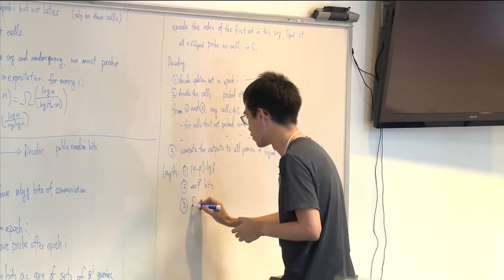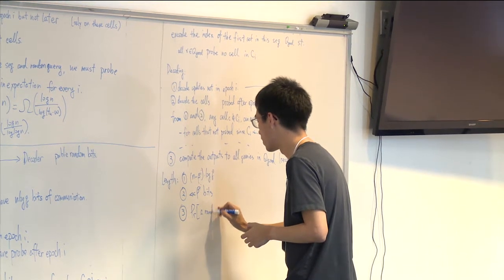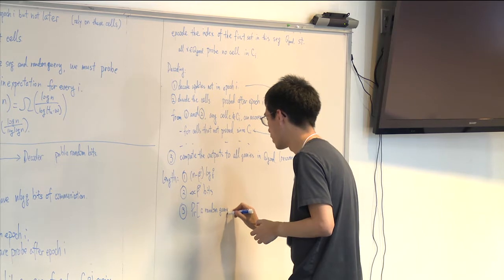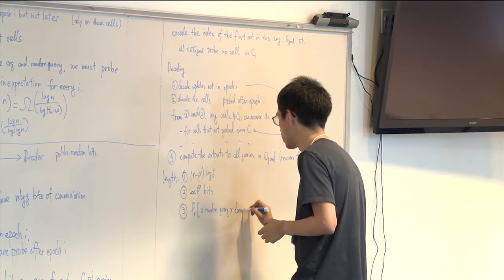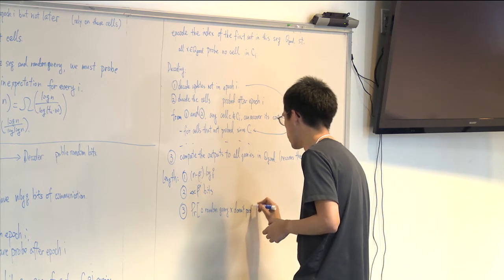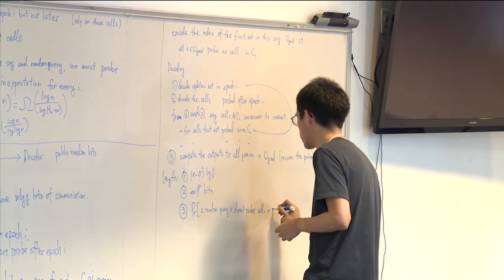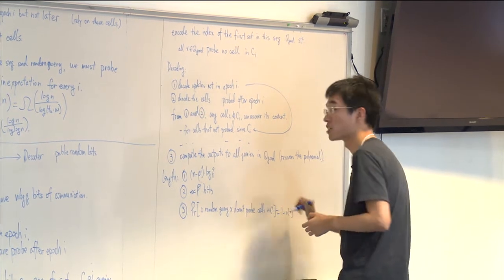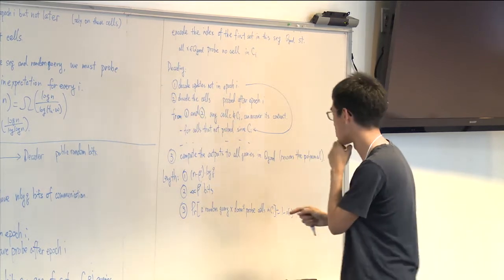So the probability that a random query x does not probe cells in C_i is 1 minus lambda of 1, assuming for contradiction that this is not the case.